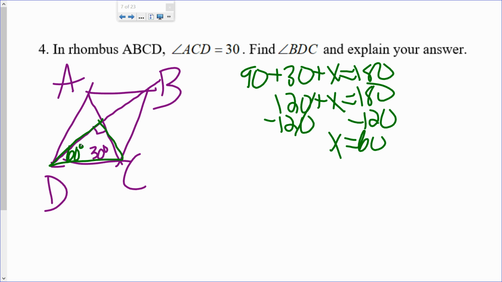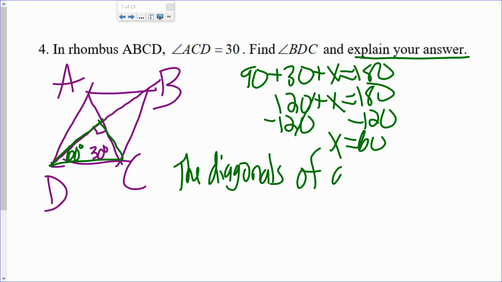Now, that's it. It's asking for angle BDC. So to explain your answer, well, the diagonals of a rhombus are perpendicular to each other.